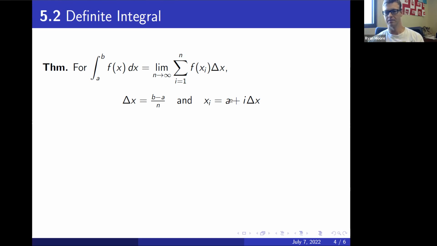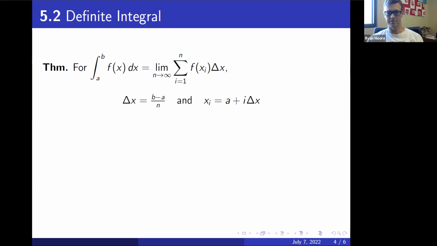So take where it begins, but then think of the right side of that first region, so then we'll add on the width of that region. For the first region, we would put in i equals 1, so it'd be a plus the width, which gets us to the right side. For the second region, i would equal 2, and that would move us 2 delta x's over, and that would be the right endpoint for the second region, right?